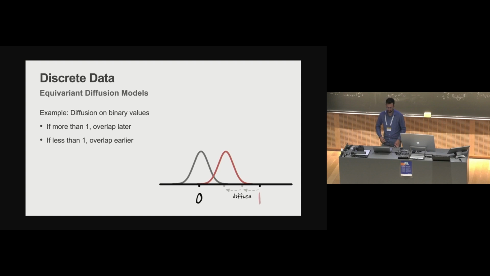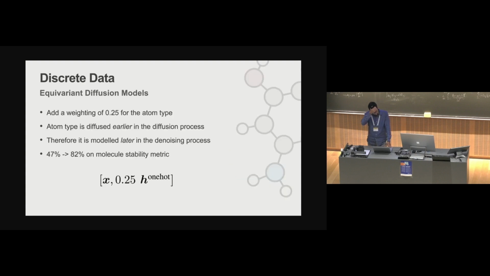If we make it smaller, the atom types are selected more towards the end. This is a small detail, but it really changed performance. When we computed molecular stability, just by making the one-hot encoding a bit smaller, we raised the molecular stability, a metric we're using, from 47% to 82%. Some later works have also shown that it's more beneficial to choose the atom types towards the end of the generative process instead of at the very beginning when doing molecule generation. It's worth mentioning because the change in performance was quite big from this small thing.